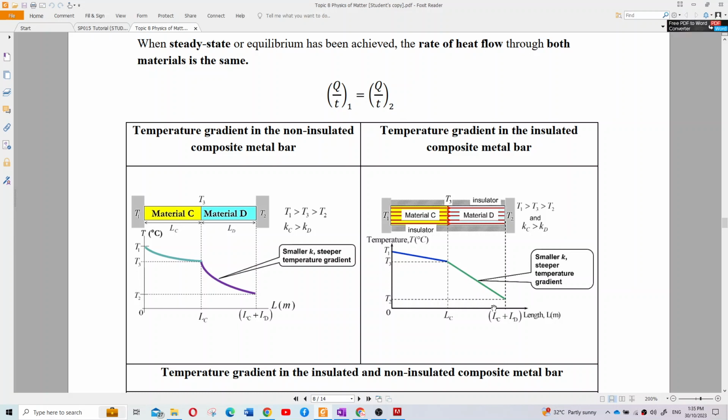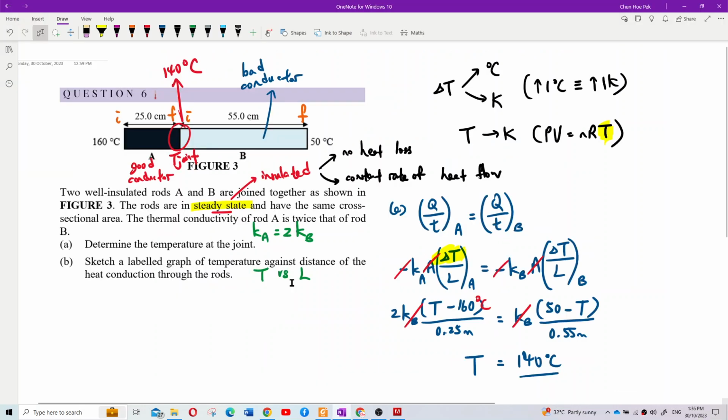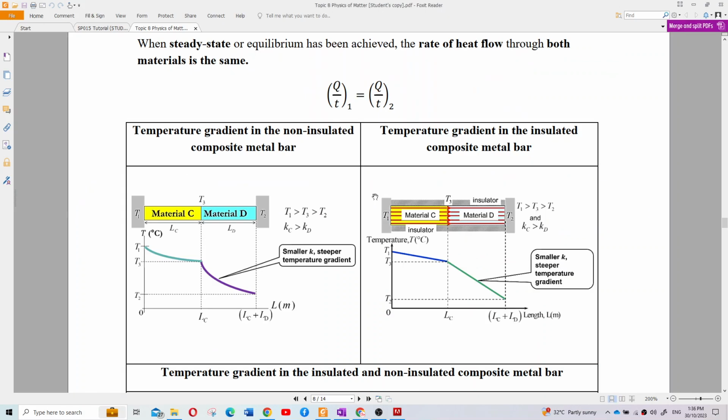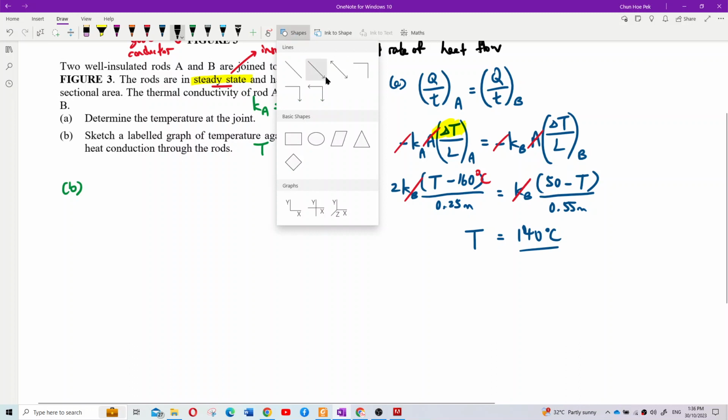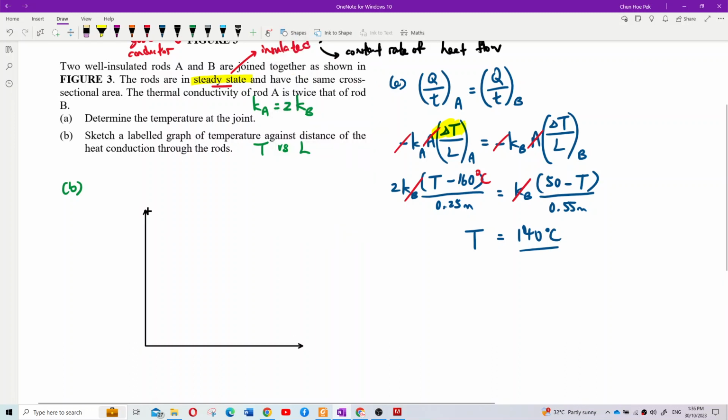You need to plot this graph, and you must have values given. So okay, let's find out. Let's do question B. Let's plot the graph. Yeah, like this should be good.